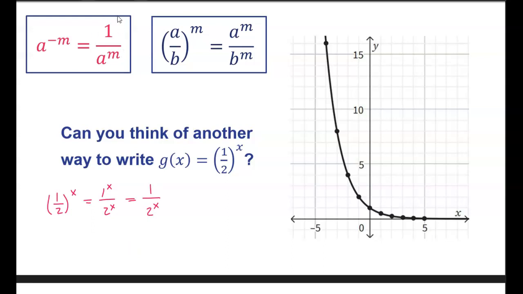Oh, but this follows this pattern, right? So this is actually 1/2 to the x is the same thing as 2 to the negative x.